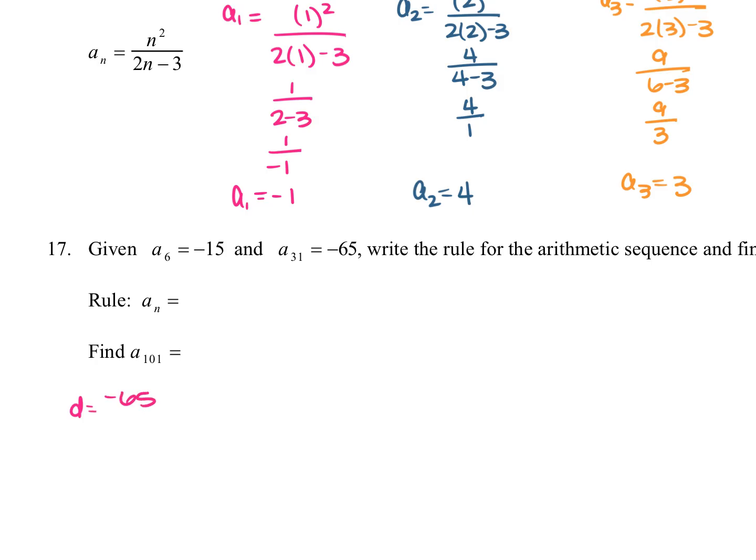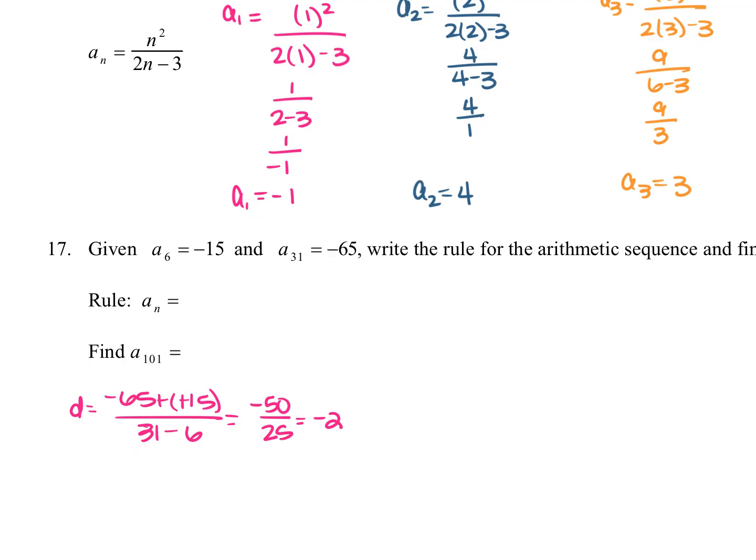So it's going to be -65 minus -15 over 31 minus 6. Your double negatives turn to positives, different signs, so subtract, keep the sign of the bigger number. That gives us -50 over 25, which is -2. So d is -2.